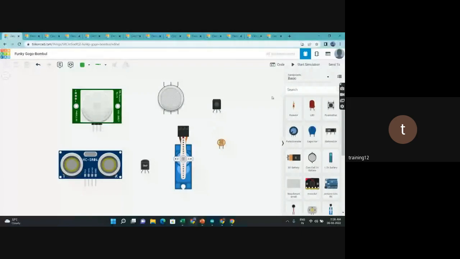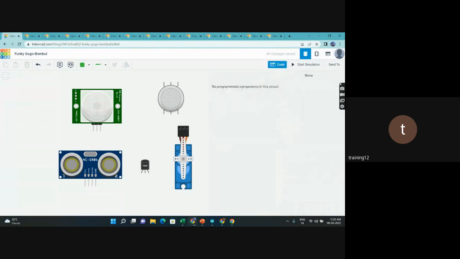Do you know about Tinkercad, or is this the first time you use it? First time. Okay.